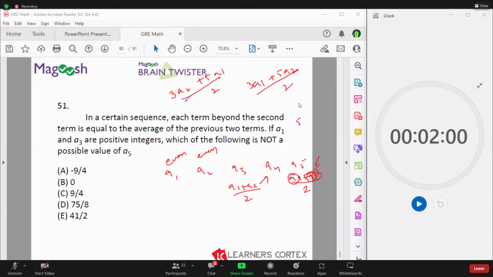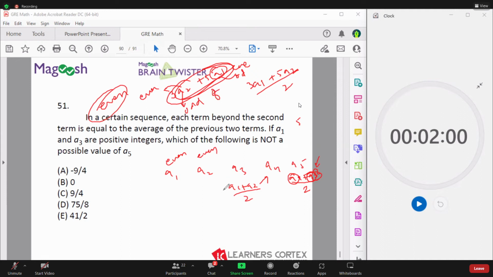What matters is that if this is even, this also has to be even. If this is odd, this also has to be odd. Irrespective, the sum of both of them will be even. The denominator will be 8, sir, not 2. So (3A1 plus 5A2) by 8.